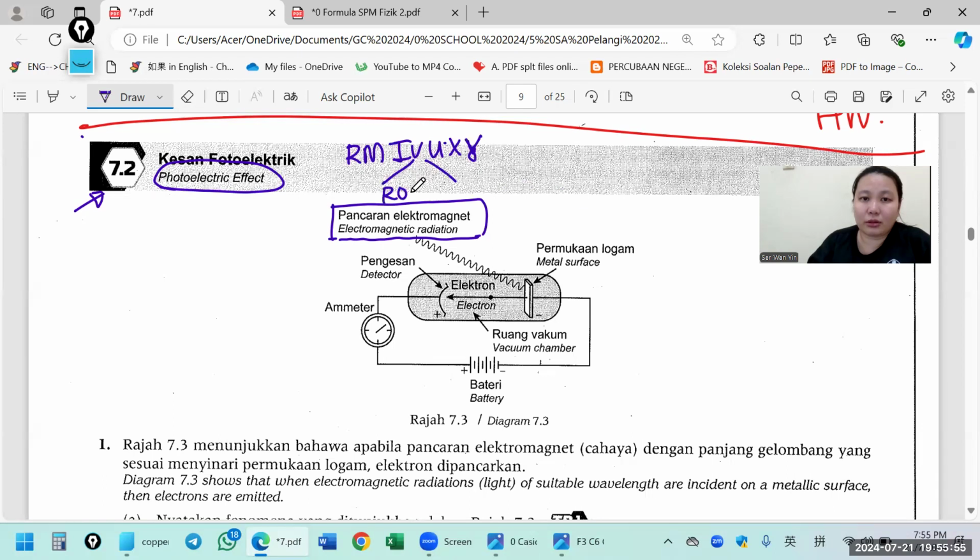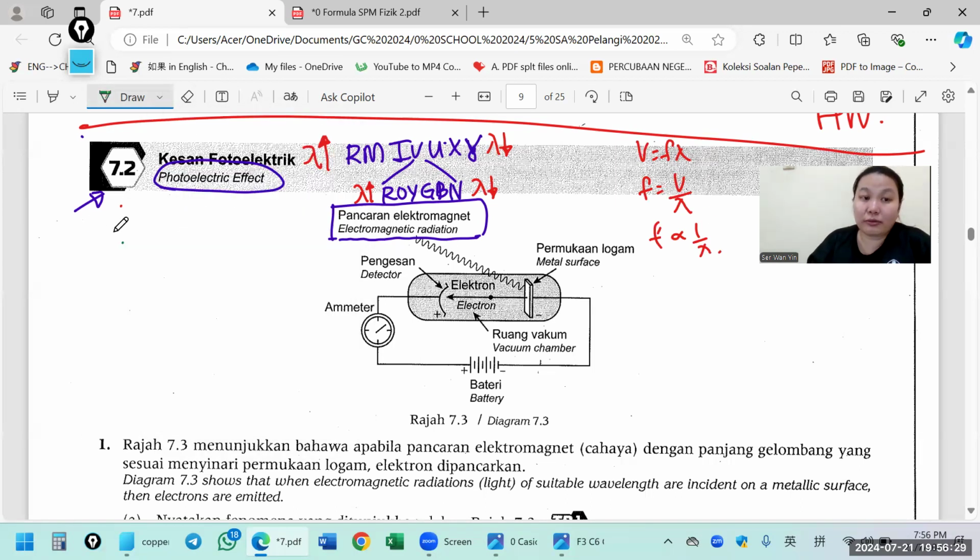Remember R means really long wavelength. So R has the longest wavelength, and this side has the shortest wavelength. V equals F lambda, so F equals V over lambda, which means F is inversely proportional to lambda.